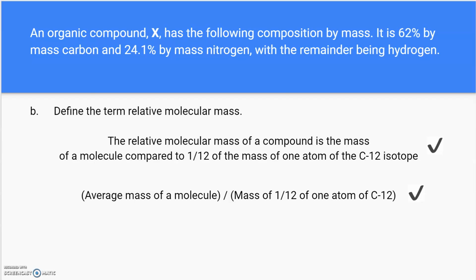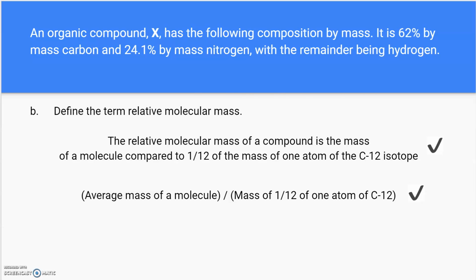That is the more conceptual way of putting it. Another possible answer is stating it mathematically as an equation: the average mass of a molecule divided by 1/12 of the mass of one atom of the carbon-12 isotope.